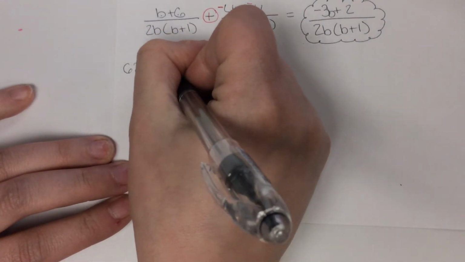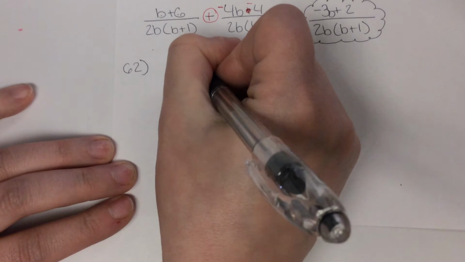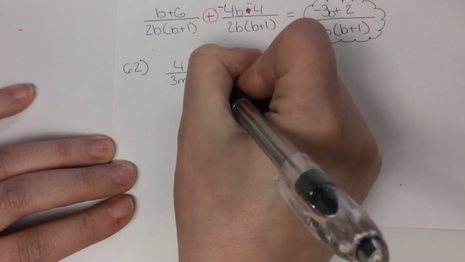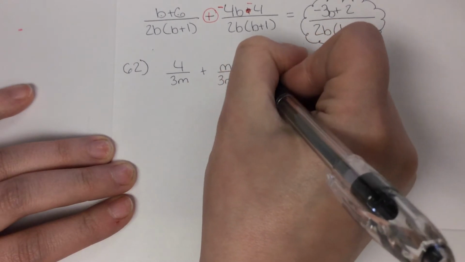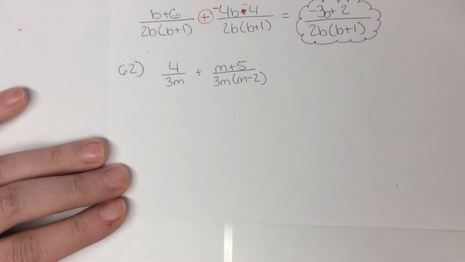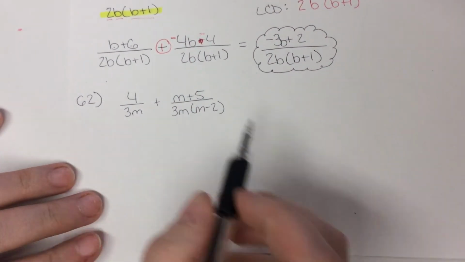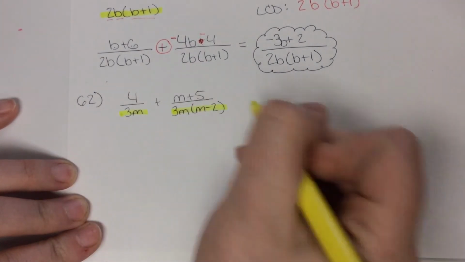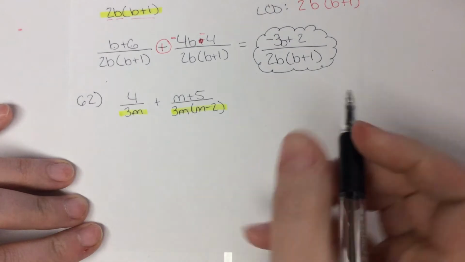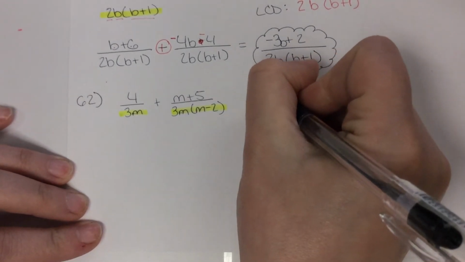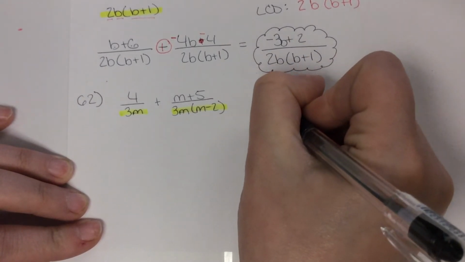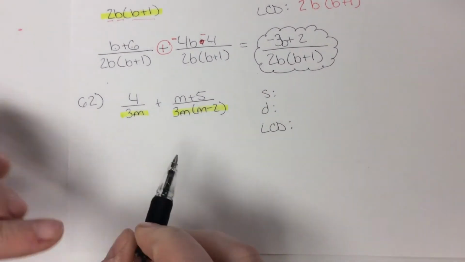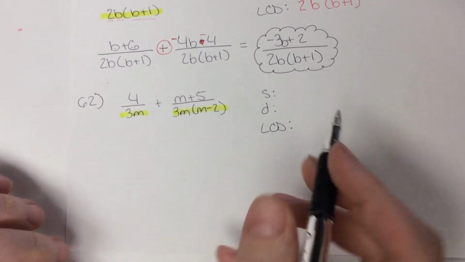4 over 3m plus m plus 5 over 3m, m minus 2. All right, I'm looking at the denominators. They're both completely factored. Same, different, LCD. So the same, they both have a 3 and they both have m.